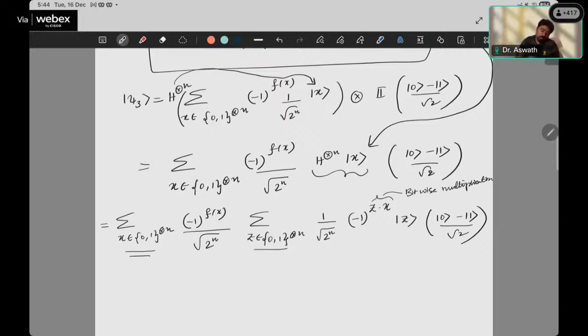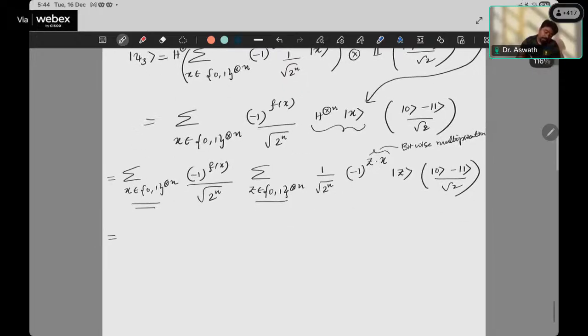What I will do, I'll put all the summation to the one end. Okay, so I can take it out, it's not going to affect. So let's put this summation all the way outside.